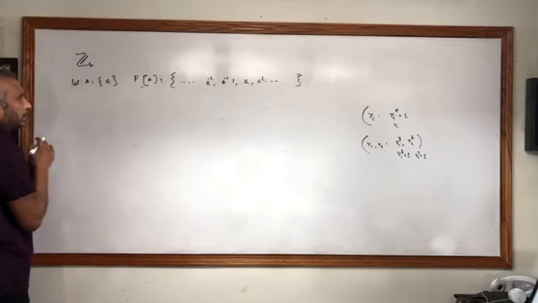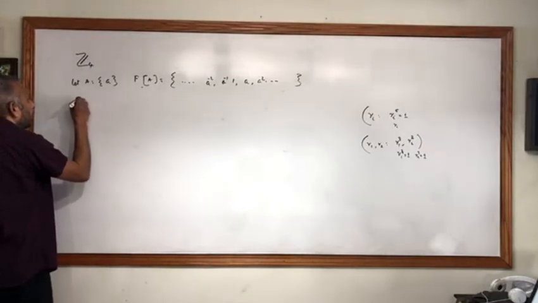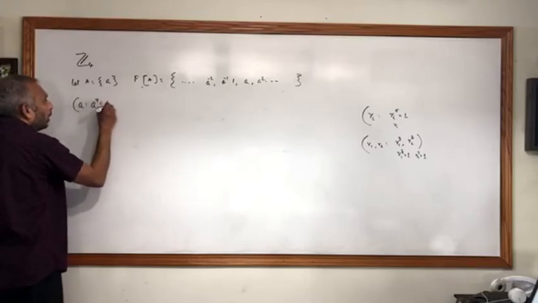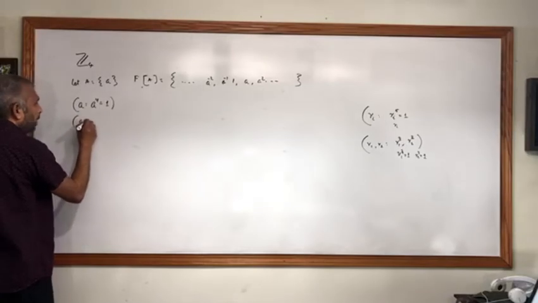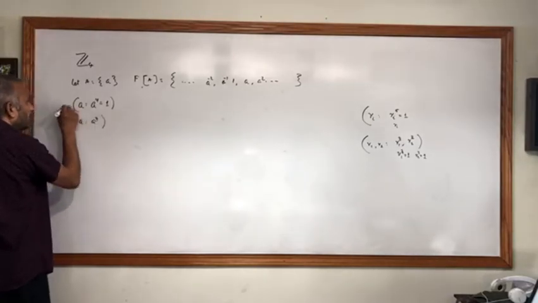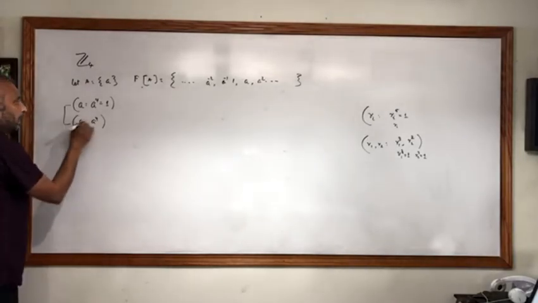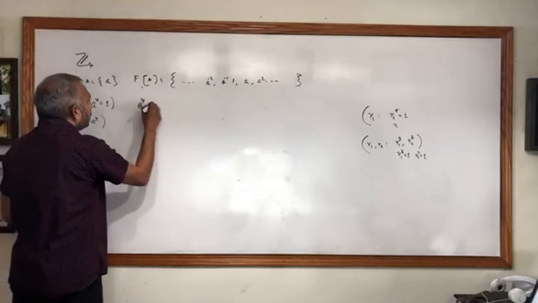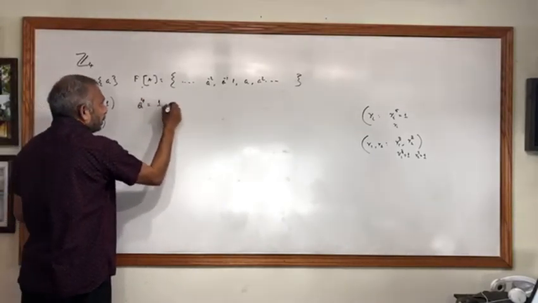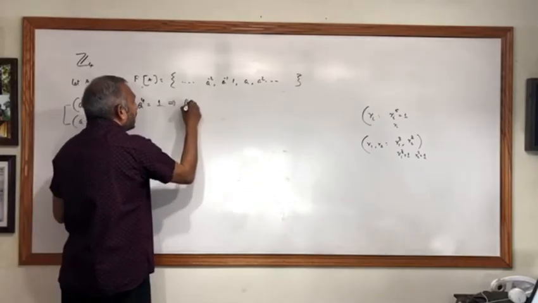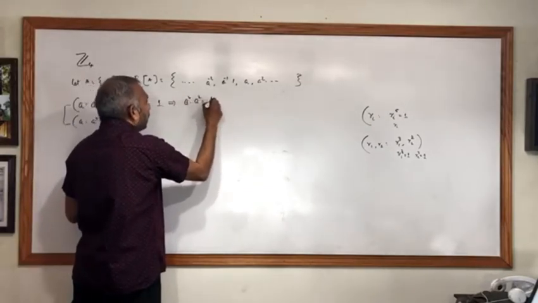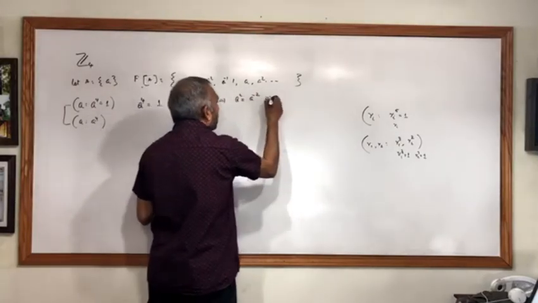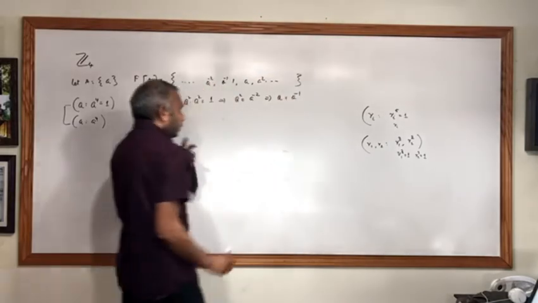And how do we do that? See, if you take a condition like this, A to the power of 4 is equal to 1, or you can write it as A4. Both are identical. This is the representation I am suggesting. See what happens here. If A to the power of 4 is equal to 1, that implies A square times A square is equal to 1, and that implies A square is equal to A to the power of minus 2, and that implies A is equal to A to the power of minus 3.